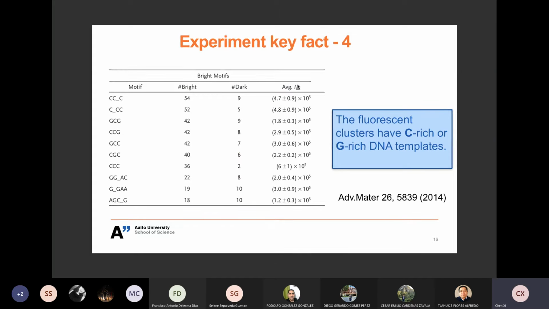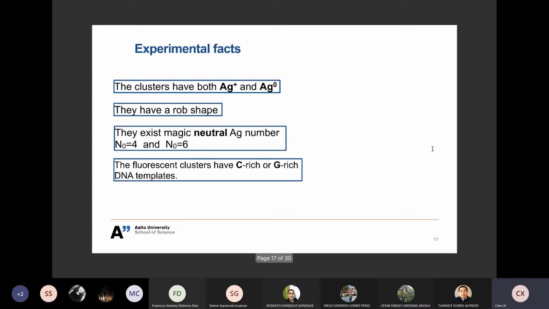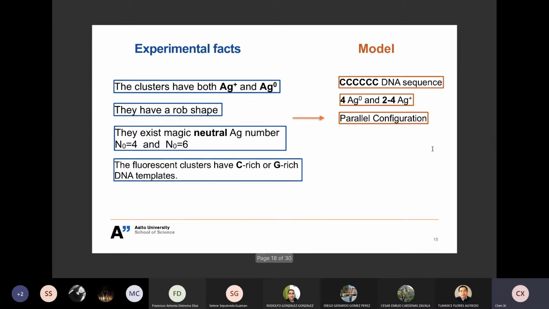Another thing we know from experiment is that the fluorescent clusters like to have cytosine-rich or guanine-rich DNA templates. Based on all this experimental fact, we build our model. We choose a DNA sequence with 6 pairs of cytosine, because the fluorescent ones like a cytosine-rich sequence.